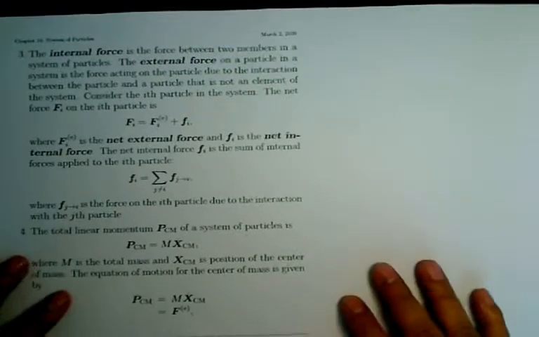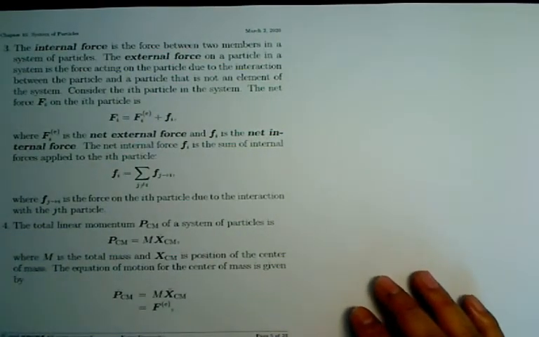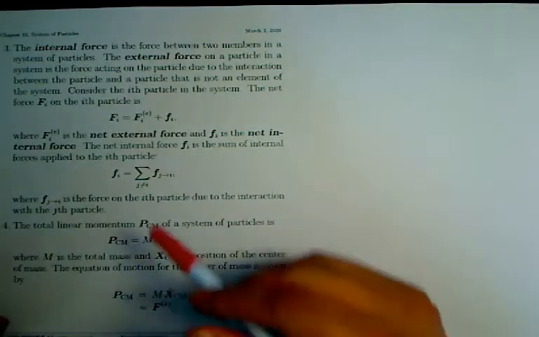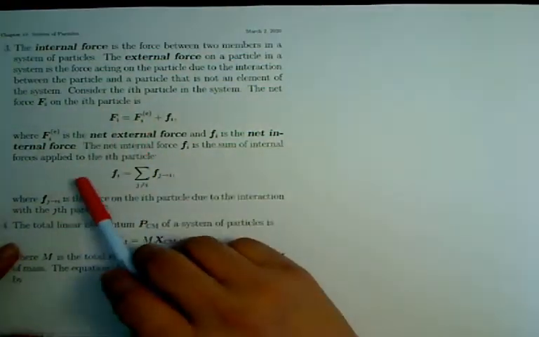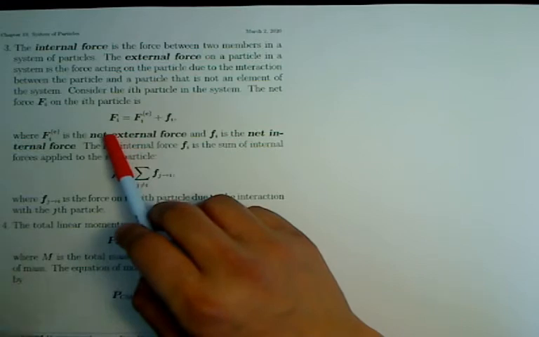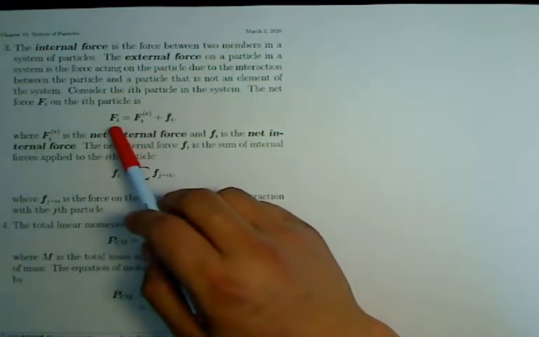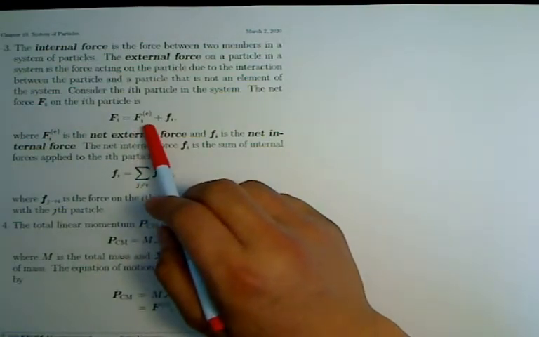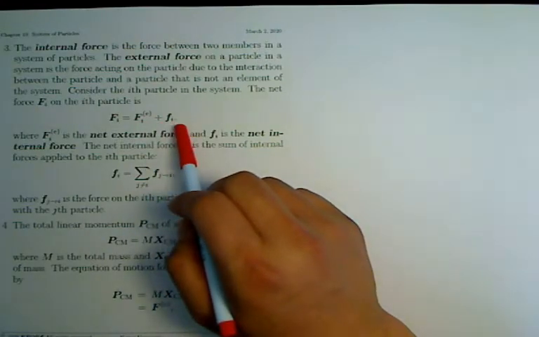The interaction of the system can be described in terms of the force description. The net force on a single object in a system of particles, Fi, is a sum of the internal force and external force.